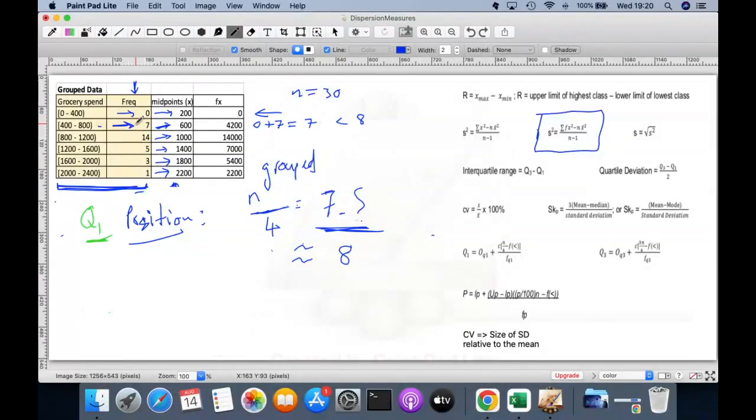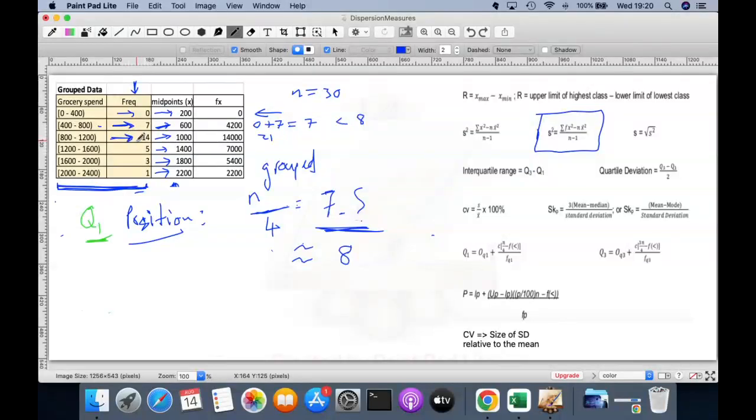The 8th person can't be in the second interval because we only have 7 people so far. But at the third row, we have a total of 0 plus 7 plus 14, which is 21 people. We've exceeded the 8th person, so that person must be in here.